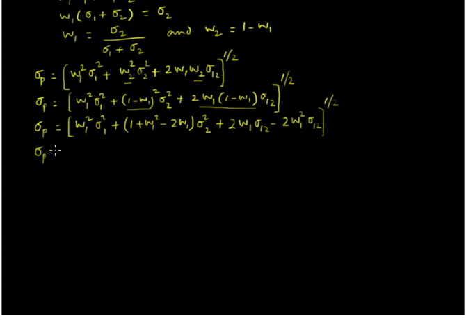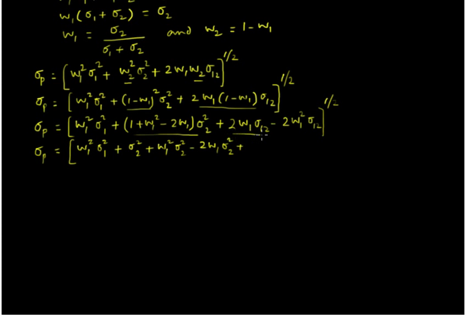Let us continue. There is this bracket to be solved. Let us do that as well. So we have W1 squared times variance of 1 plus variance of 2 plus W1 squared times variance of 2 minus 2 times W1 times variance of 2.